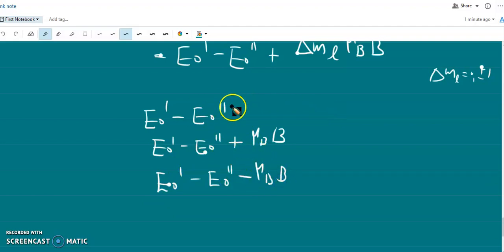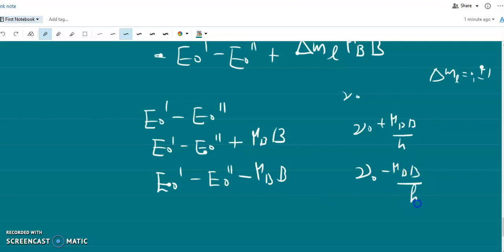One line has the frequency of the original line. The second line has the frequency nu 0 plus mu B B by h, as we have already discussed, and the third has nu 0 minus mu B B by h. So there are three lines because of the three selection rules.